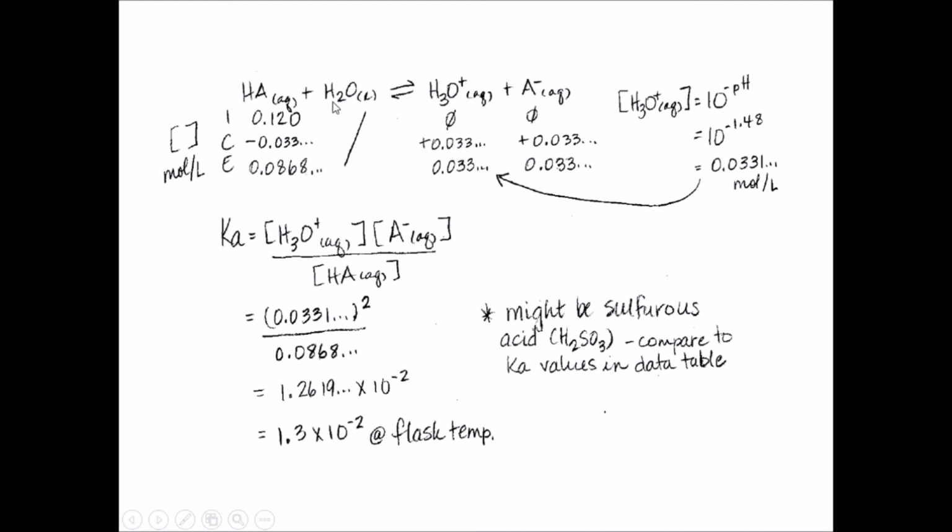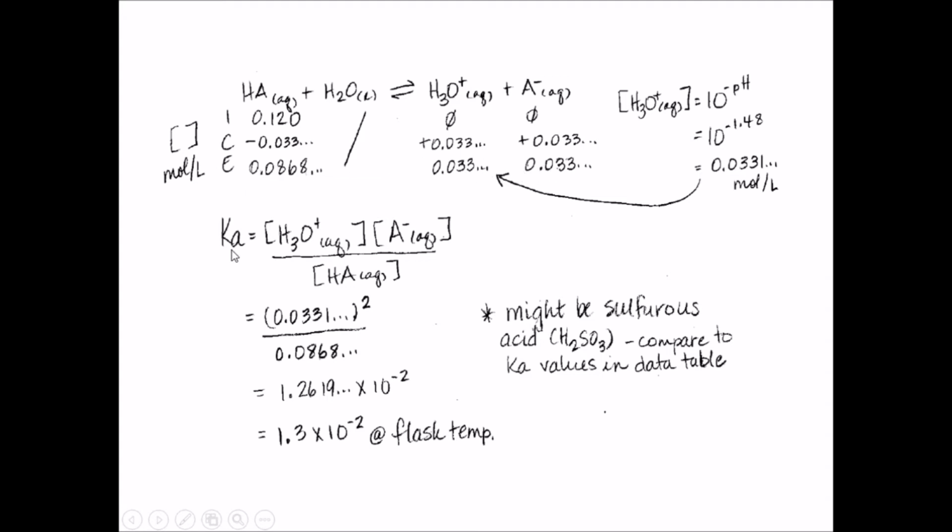And since the molar ratio for this equation is 1 to 1 to 1 to 1, the change will be the same for all species. It's going to be a positive change on the product side because we're starting with 0. And that makes our reactant side the negative change. Well, we can complete our ice table now and fill in our equilibrium concentrations.